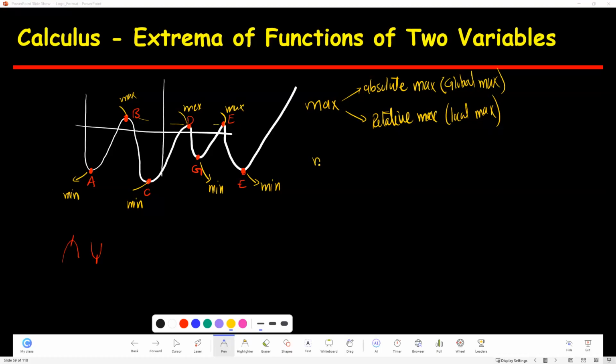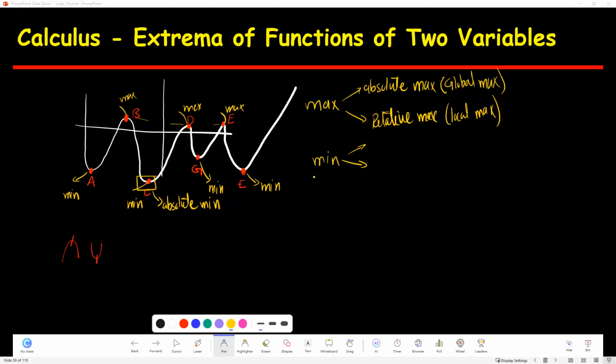Same thing, I have a minimum. Let's take a look at the minimum. So in minimum, we have A, C, G, E, but it looks like everything except this one is not the lowest. This is my absolute min, or minimum. The whole word is minimum, but we use a shortcut called min.